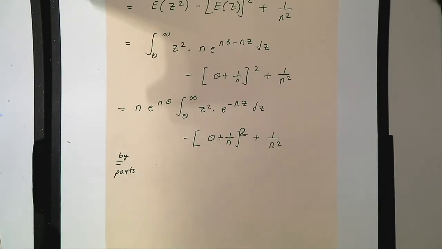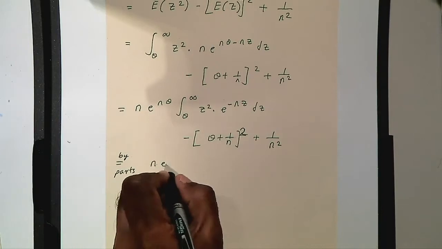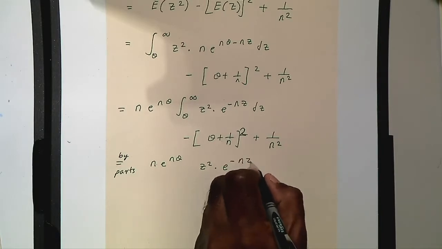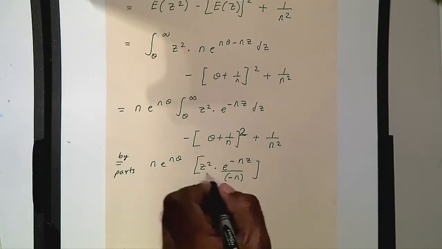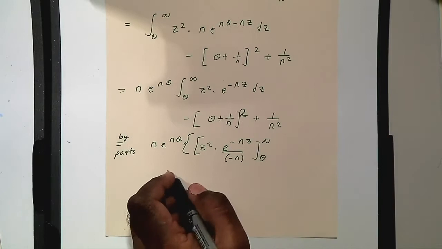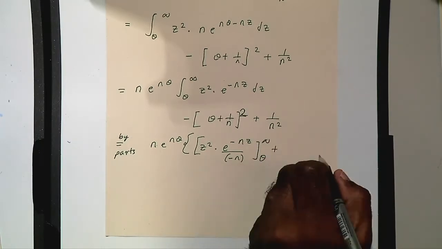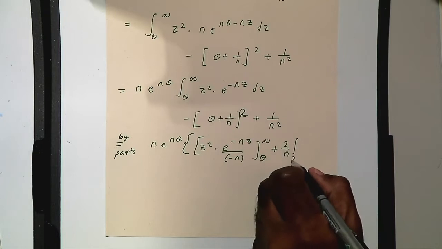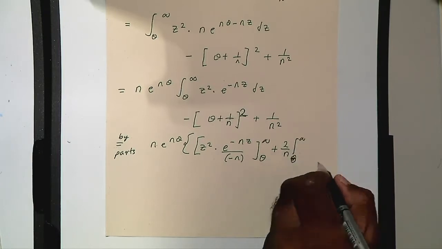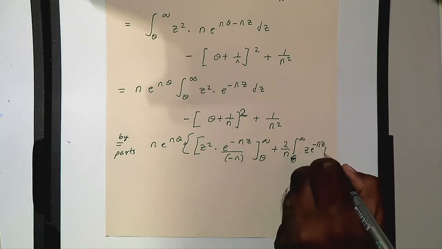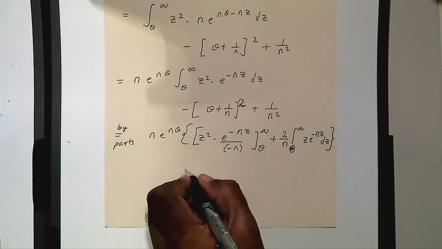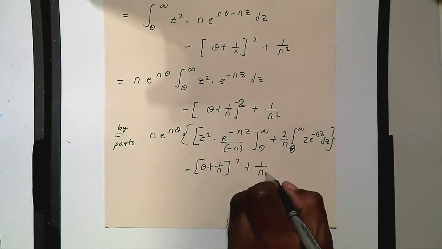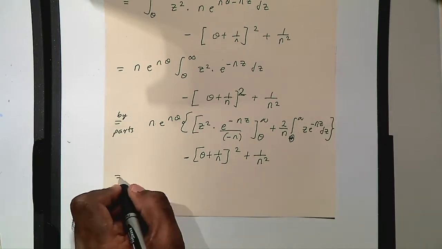So by parts, if you do parts for this integral here, you get n e^(nθ) z squared e, right, and then you have a plus 2 divided by n integral from theta to infinity of z dz, and then minus something like this, okay.